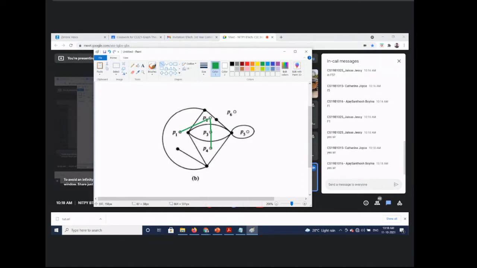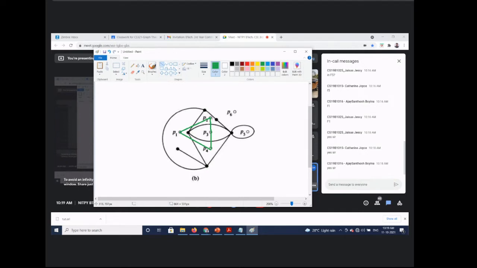Correct me if I go wrong somewhere or you didn't understand. You can put a message in the chat window here. Definitely from here to here as well. Can I draw?